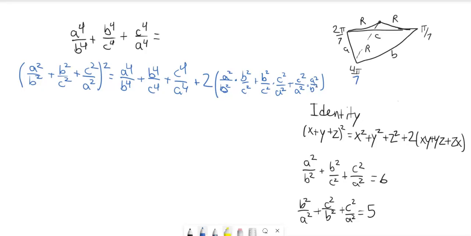So here's what will happen. We have a number of cancellations. The b squareds will cancel, the c squareds will cancel, and the a squareds will cancel inside that parenthesis.